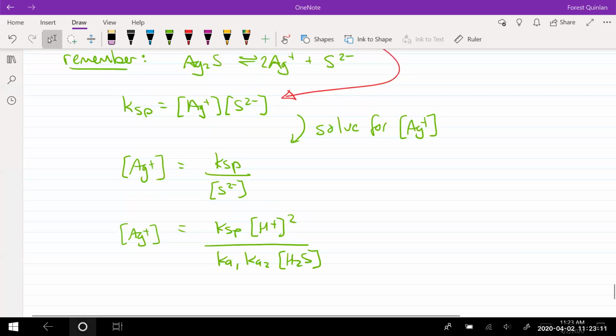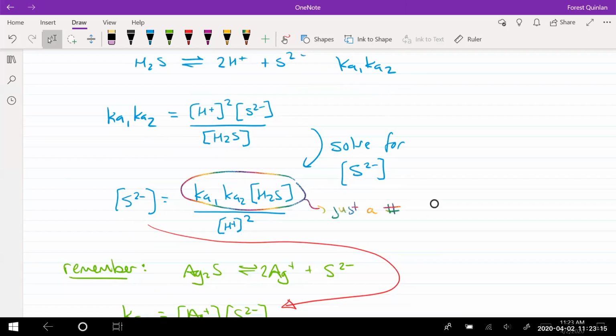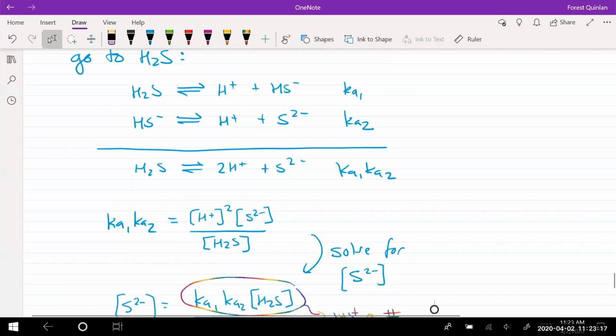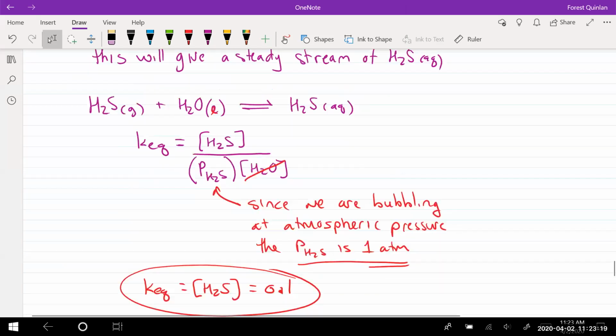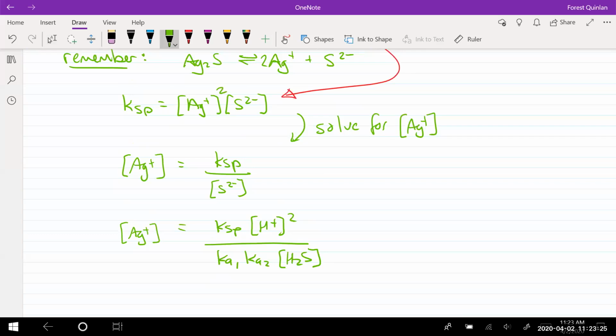Oh, sorry. Yes, I was back in my AgCl. So let me go back to the top. You're right. It should be two Ag pluses and an S2 minus. I don't know what I was doing there. So it should be squared.